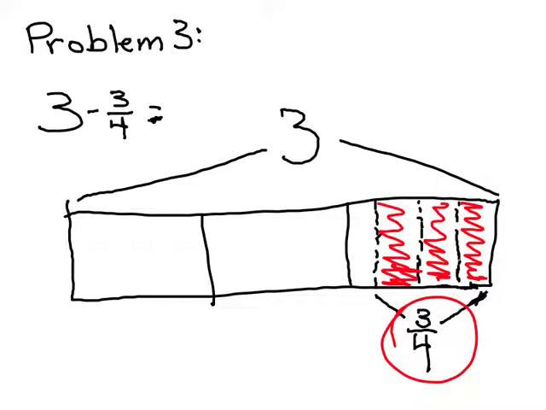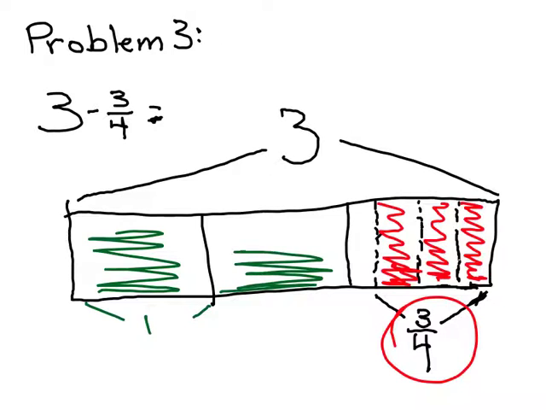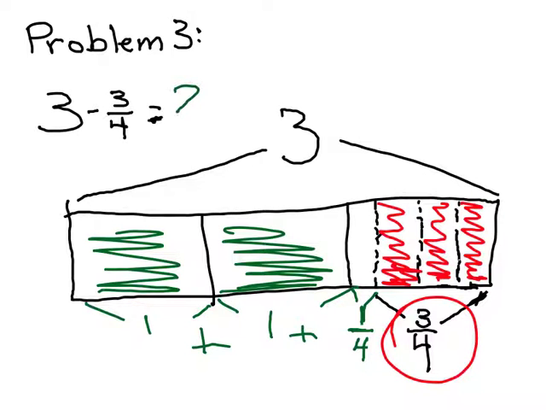What we end up with here is a new number. This is a 1, this is 1, and then this is a 1/4. So if we add all this up, we end up with an answer of 2 and 1/4.